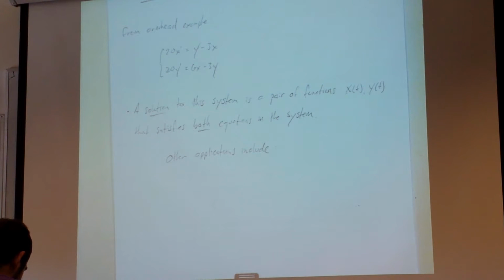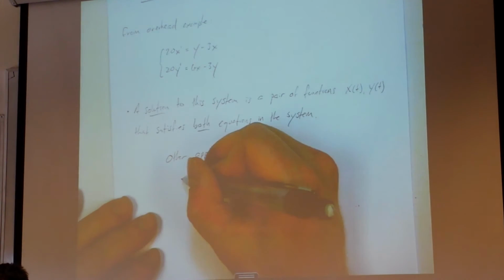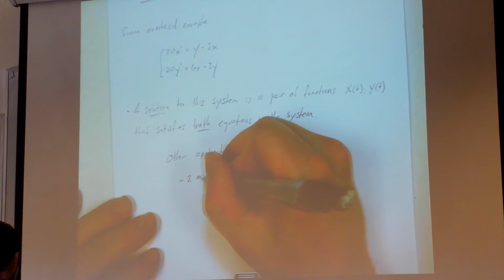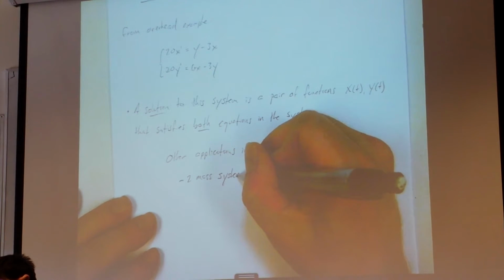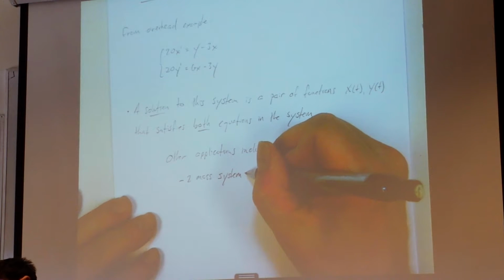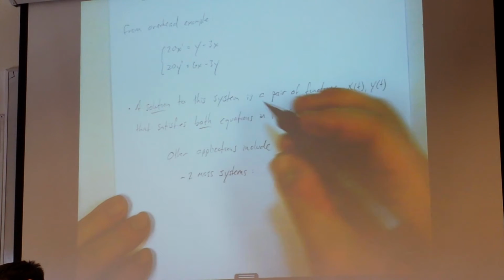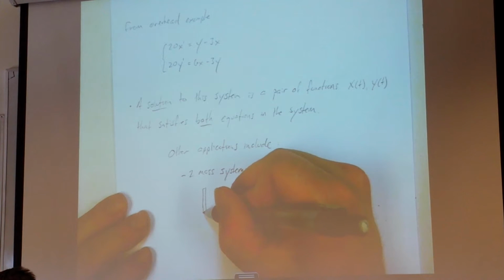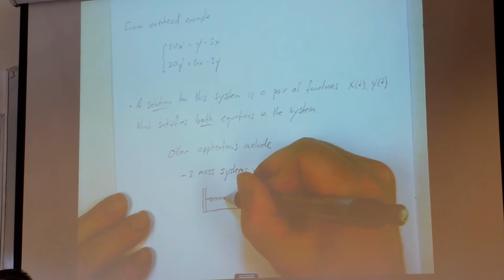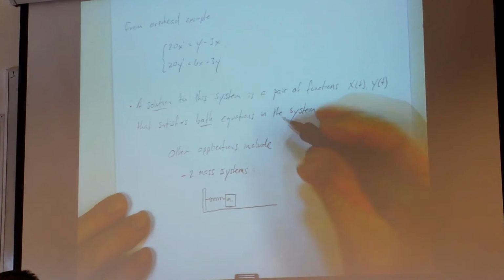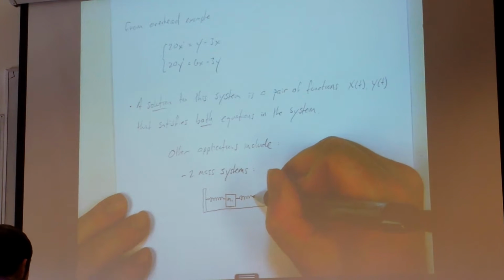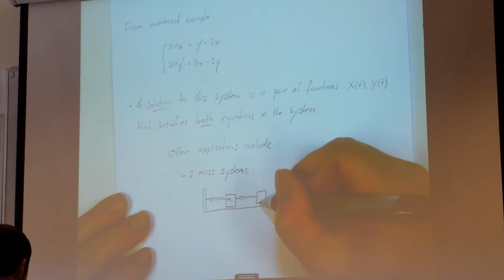Okay, so other systems may arise from different things. Circuits is one place, electrical circuits, but it's not one that we looked at. But a two-mass system: a mechanical system containing two masses on springs. So out of the wall, here's one spring connected to mass 1, connected to another spring and mass 2.